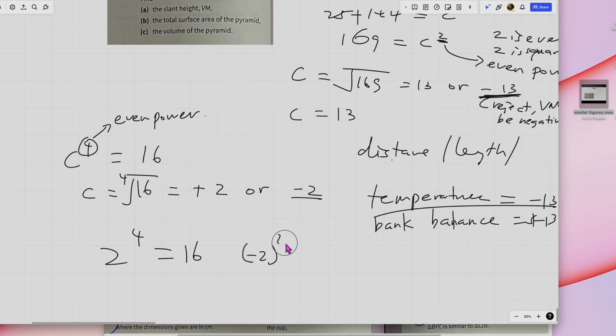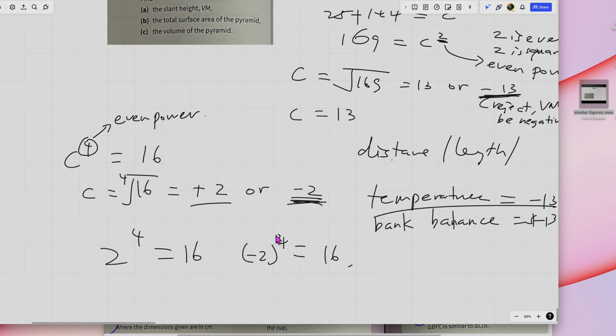Negative 2 in brackets to the power 4 is? 16. Correct. That's the reason why I say you must have 2 answers, positive 2 and negative 2.